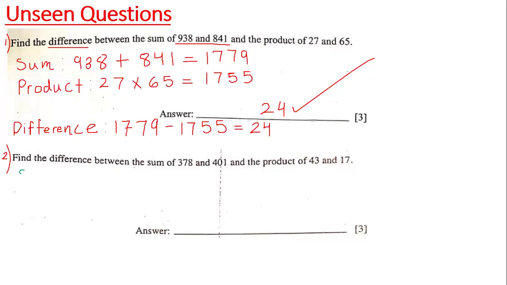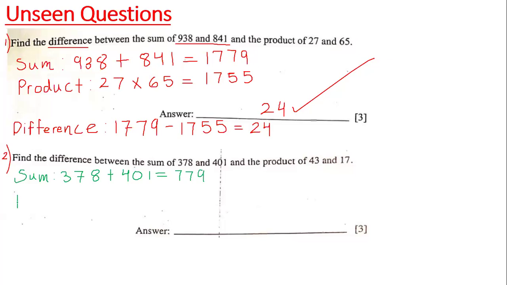The sum is 378 plus 401, which gives you 779. That's absolutely correct.